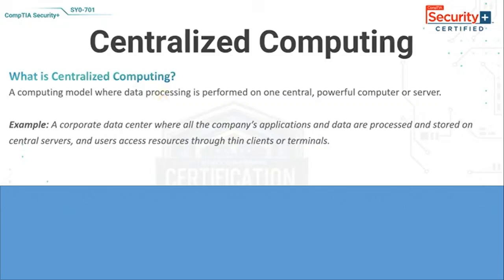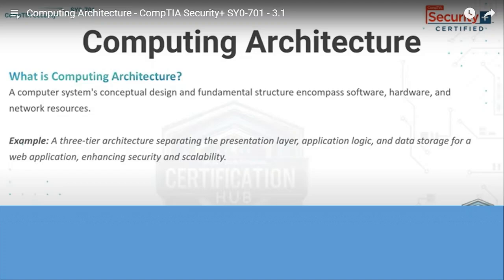For example, a corporate data center where all the company's applications and data are processed and stored on a central server, and users access resources through thin clients or dumb terminals. This type of computing we call centralized computing. So I think you got it, what centralized computing is. Now we are moving to the next.